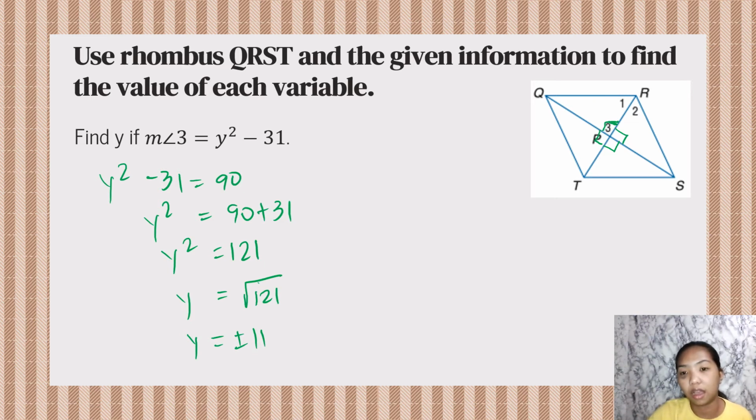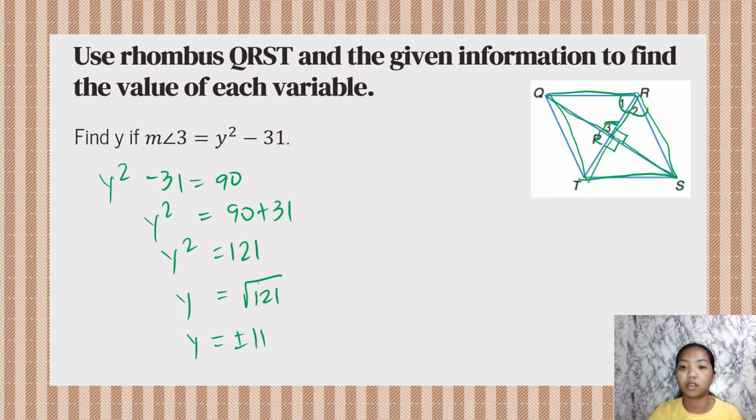Again, angle 1 and angle 2 are equal because the diagonal bisects the angle. And QR, RS, ST, and QT measure the same. For the diagonals, QP and PS are equal, the same as PR and PT.